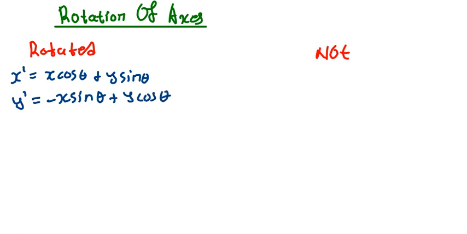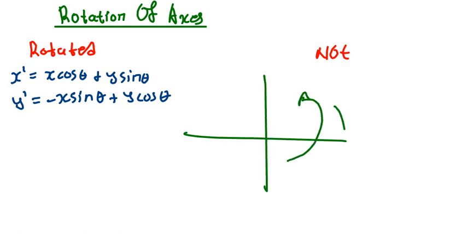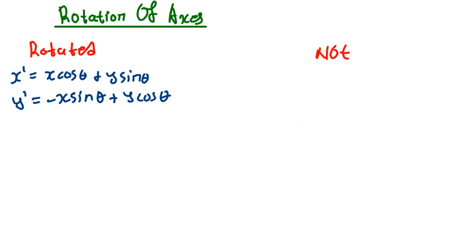Okay, so when it's not rotated, meaning it's just like this, and then you're trying to rotate it, maybe it goes in that direction, or it can even go in this direction depending on the angle that you have, whether it's positive or negative. You're going to have your x equal to x prime cos theta minus y prime sine theta.